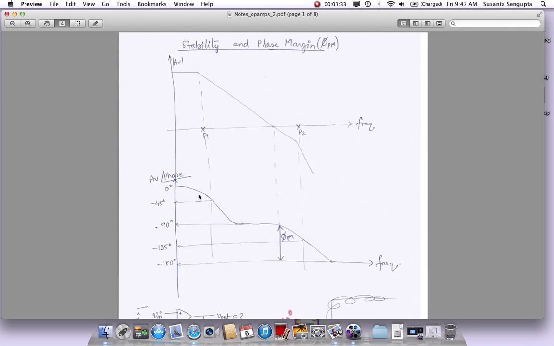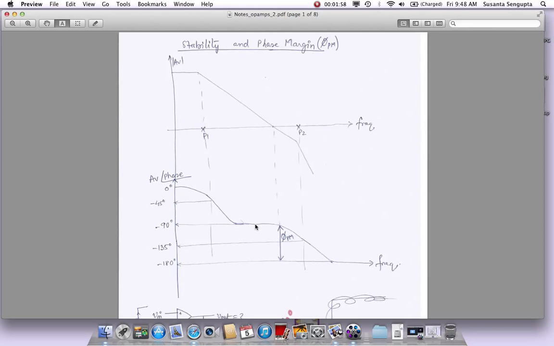So at 10 times lower frequencies, almost no phase shift, then the phase shift starts happening. At the pole location, you see a 45-degree phase shift, and then at 10 times the P1 frequency it would go to a 90-degree phase shift. So P1 has caused a 0 to 90-degree phase shift, and it will remain this way.